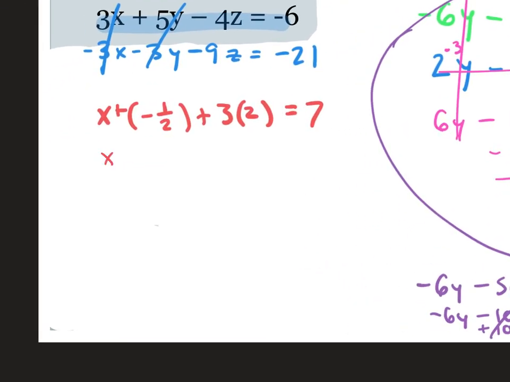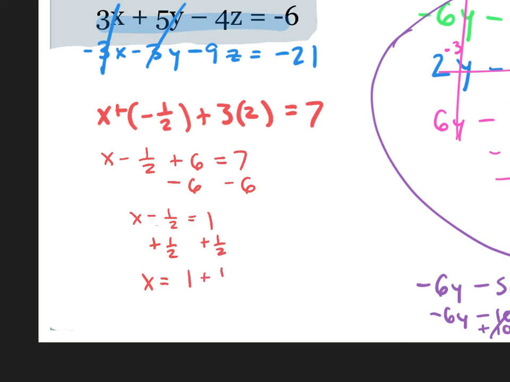So x minus 1/2 plus 6 is equal to 7. We can subtract 6 on both sides. So x minus 1/2 is equal to 1. And we can add 1/2 to both sides too. If we wanted to, we could multiply everything by 2 to get rid of that fraction to make it a little bit easier to work with. But it's just 1 plus 1/2, which I think we can all handle.